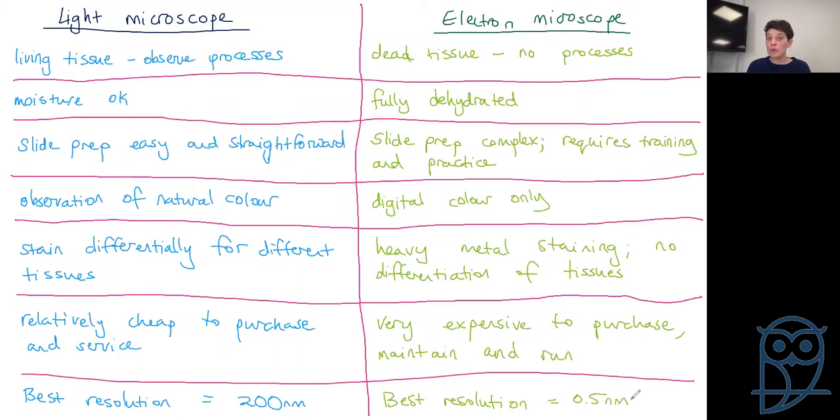So it's really important that you understand what resolution is and how it makes that difference in terms of visibility. Magnification is just how much bigger is my image. Resolution is all about what can I see. So light microscopes are fantastic. Electron microscopes also fantastic, but we have different roles for the two different types of microscopes.